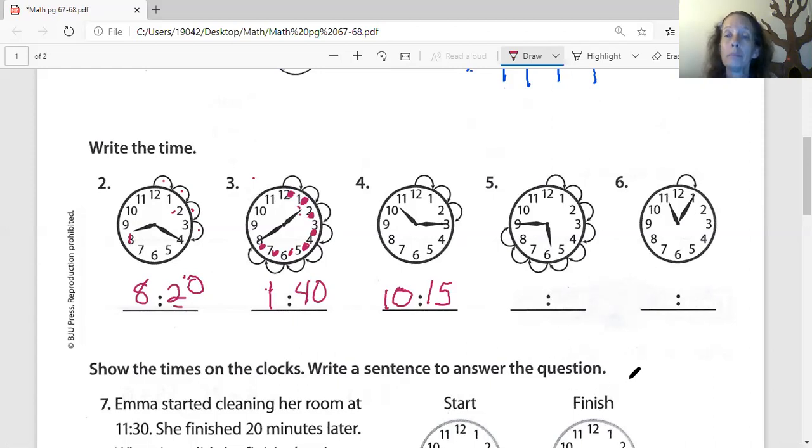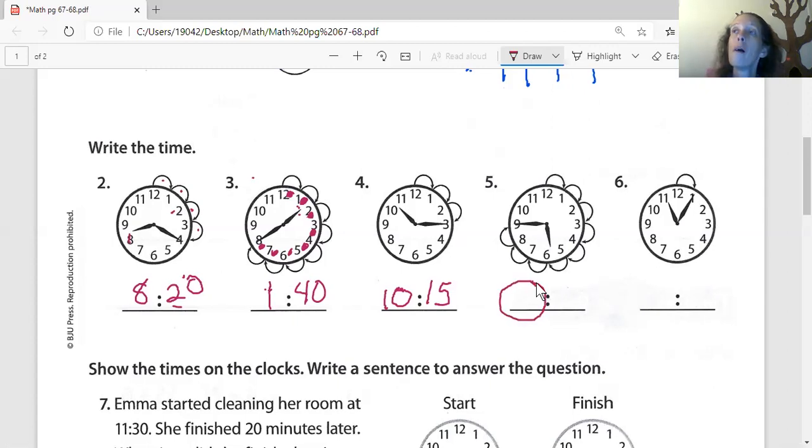Rylan, can you tell me what number goes right here? Give it a guess. No, not yet. Rylan, we're looking for the shorthand.